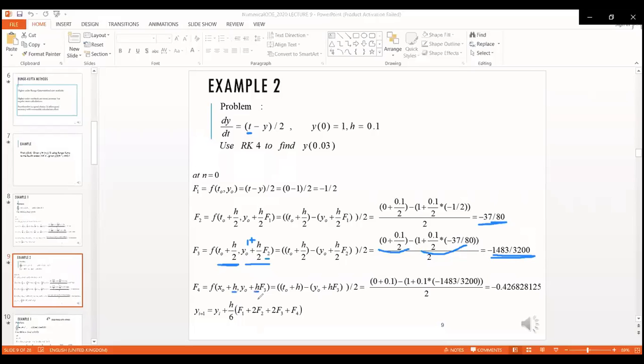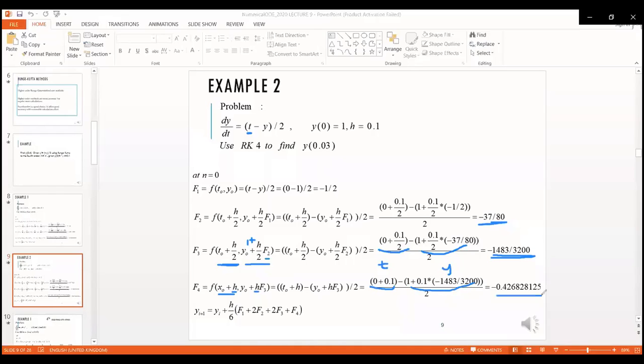Now, once you substitute, X naught is 0, H is 0.1, Y naught is 1, H is 0.1, F3 is negative 148 over 3200. So we substitute, this whole thing here is T, and this whole one here is your Y. So it's T minus Y over 2. When you substitute and calculate, you end up getting this value.